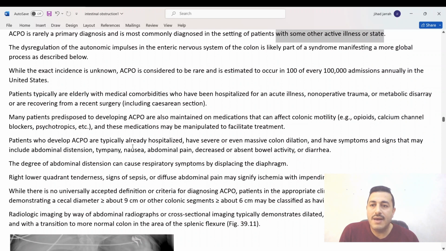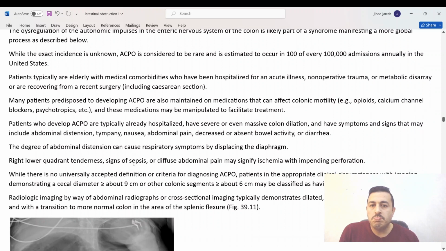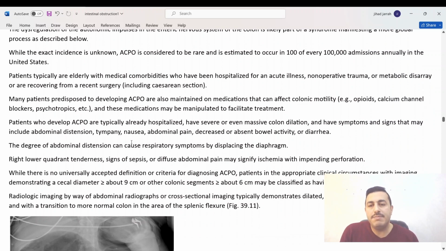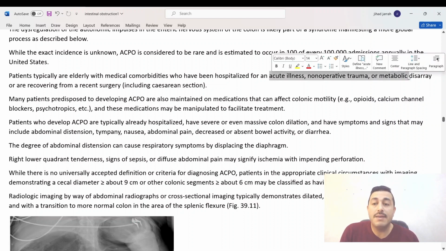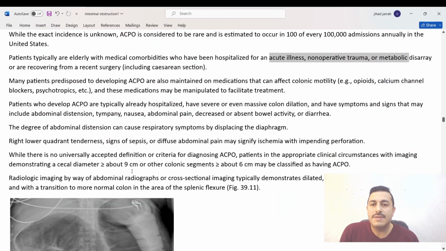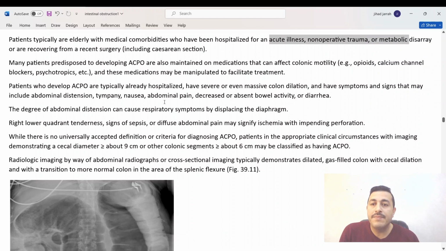What else can we add here? Usually these patients are elderly, they have multiple comorbidities, and they are usually hospitalized for other acute illness, non-operative trauma, metabolic abnormalities, or surgeries, including C-section surgeries. Also, medications play roles, such as medications that affect colonic motility: opioids, calcium channel blockers, and psychotic medications.